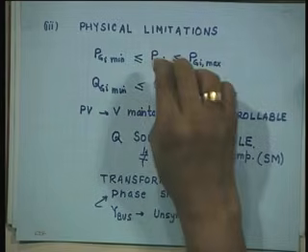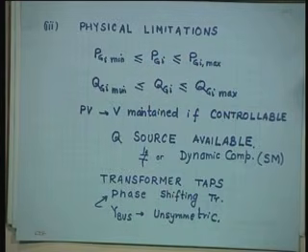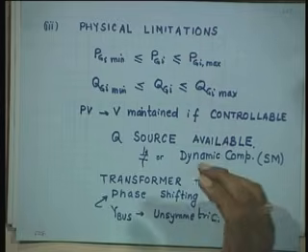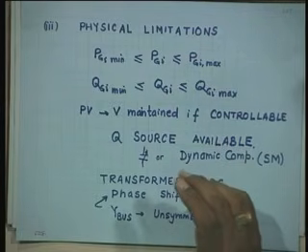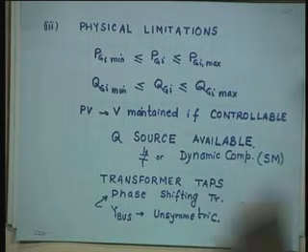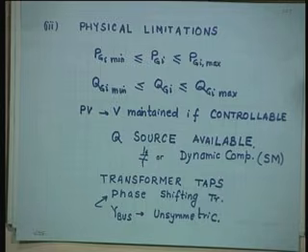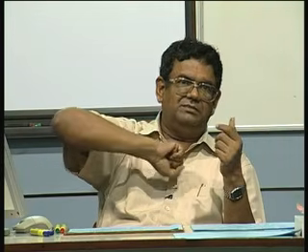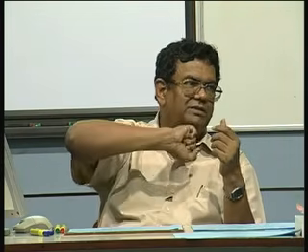Why is P controlled? Why is P constrained? Because once you have decided a 100 megawatt generator, you cannot generate 125 megawatt out of it, at least permanently for all the time. Temporarily you can overload it. See, in a car you can go at 100 miles per hour for a few minutes, but the moment the traffic comes, the moment you are not on a highway or freeway, you have to control the speed.